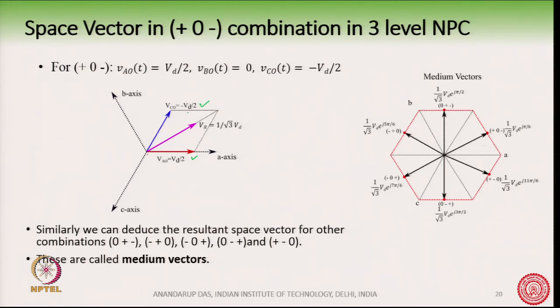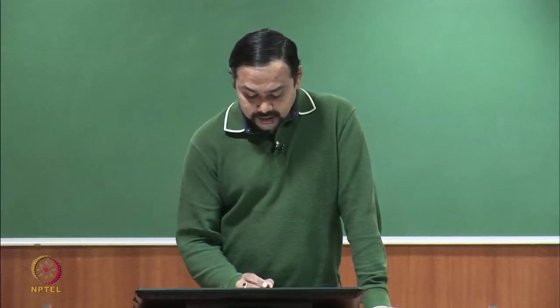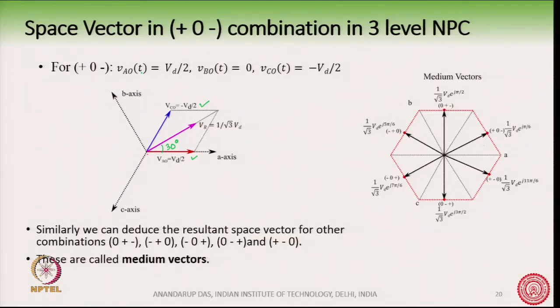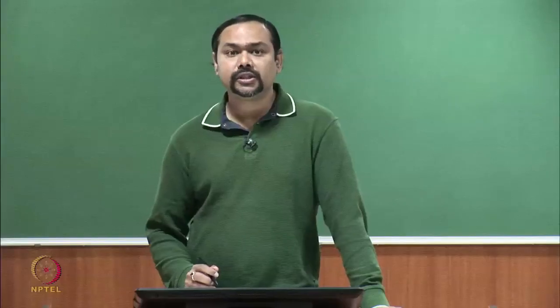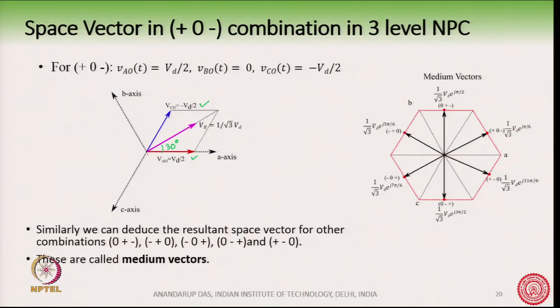The resultant of these 3, when we multiply by 2 by 3, we see that the resultant is 1 by root 3 Vd, but at an angle of 30 degree here. So, the resultant space vector for such a switching state combination will be on the outer hexagon.